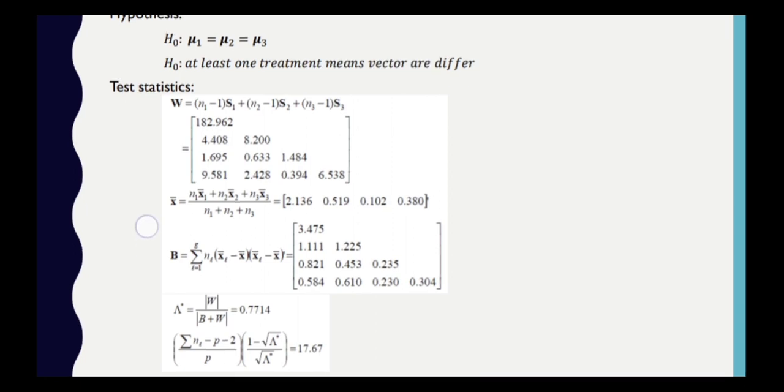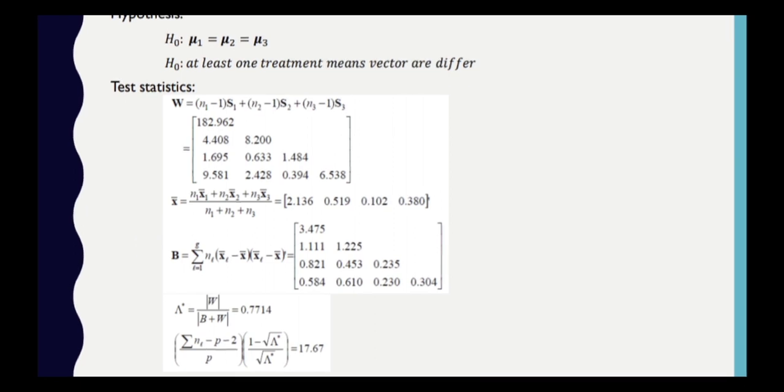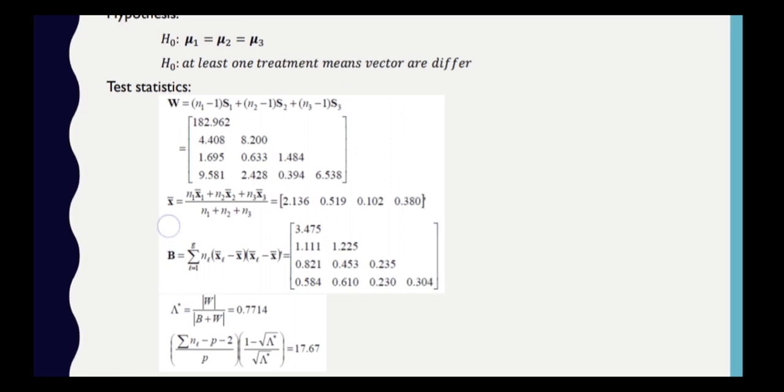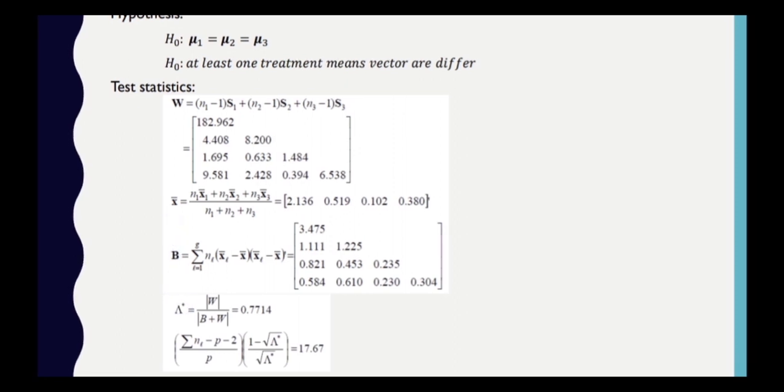So when p is 4, which is more than 1, and your g is 3, so we will use the test statistic, the last one. Okay, test statistic here. Okay, try to calculate, bertetap the test statistic will be 17.67.